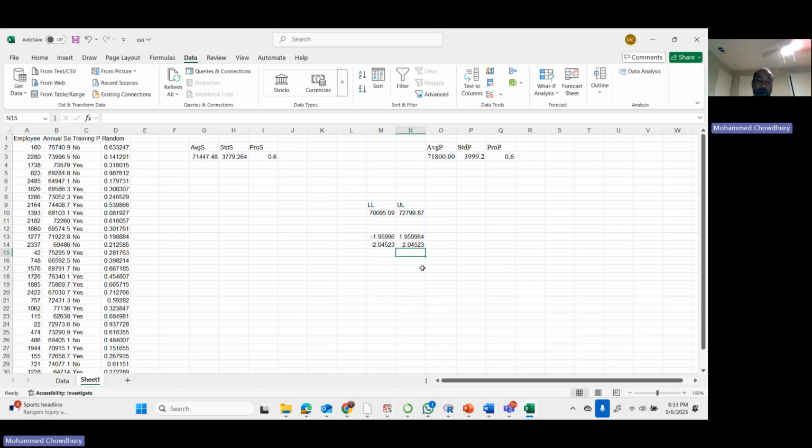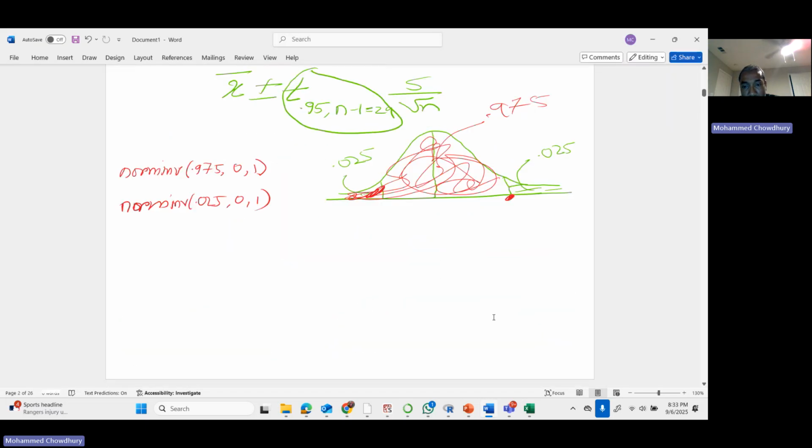Okay, now one more confidence interval, for the proportion.